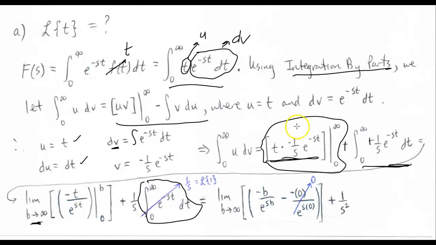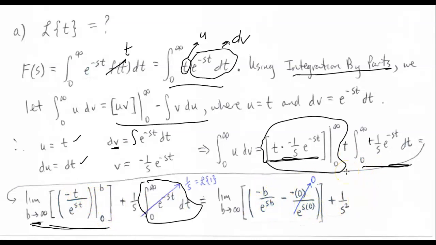And of course, 1 over s times 1 over s gives us 1 over s squared. And here now we just break out what all this actually means, which is we let t equal b into the first, for the first time, then minus let t equal 0.